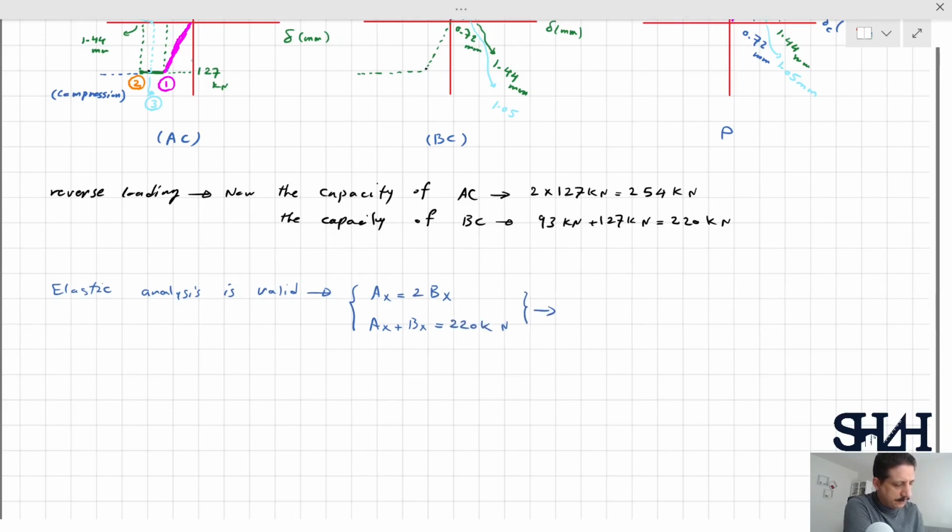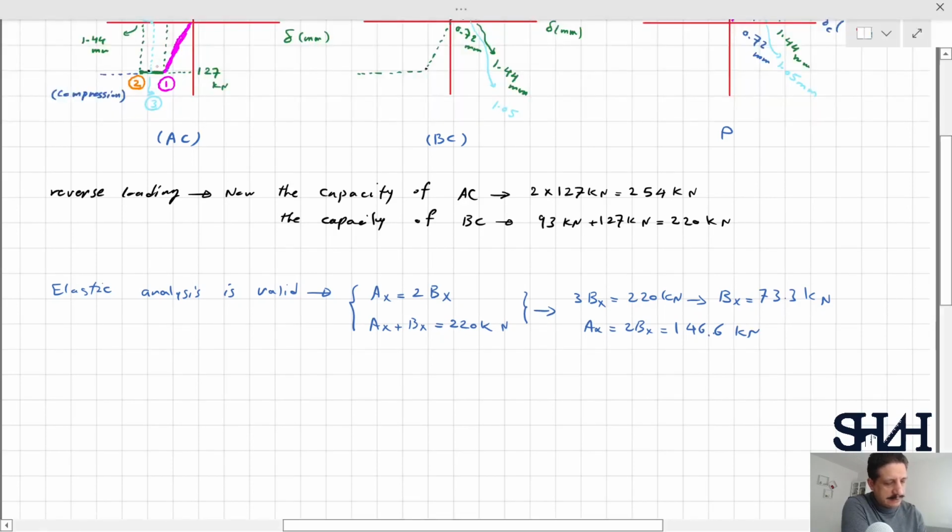From here, 3BX will be 220 kilonewton, or BX will be 73.3 kilonewton, and consequently AX will be 2 times BX, which is 146.6 kilonewton. Both of them are in this phase less than their maximum elastic capacity.